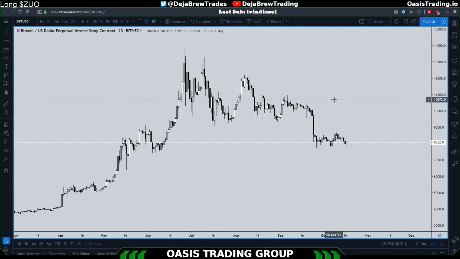Quick recap: dollar cost averaging is building a position with the same size at time intervals, so weekly, monthly, quarterly, yearly. You don't care about price action. You don't care about fundamentals. You just invest slowly into an asset that you think will do well long term. That is proper dollar cost averaging.